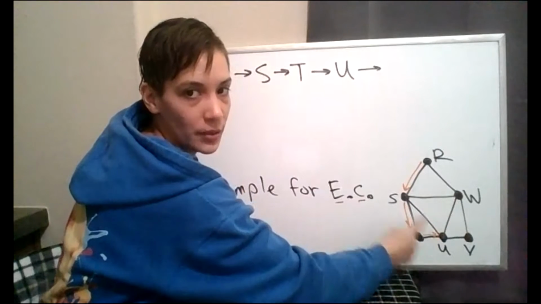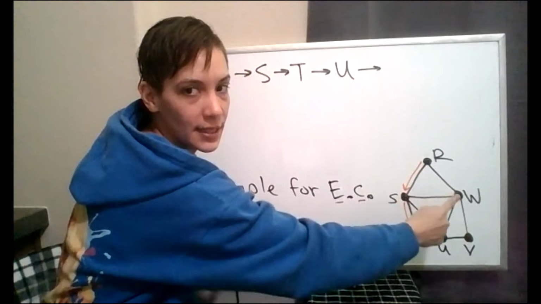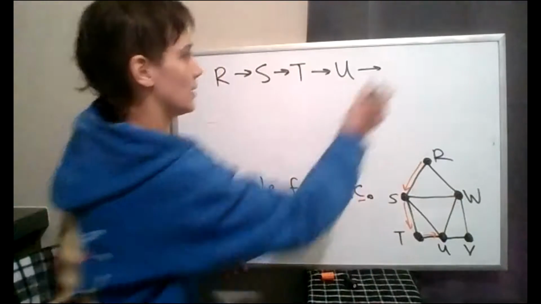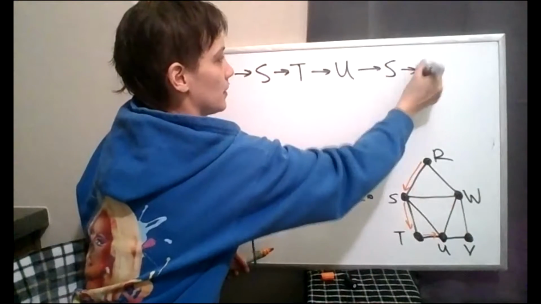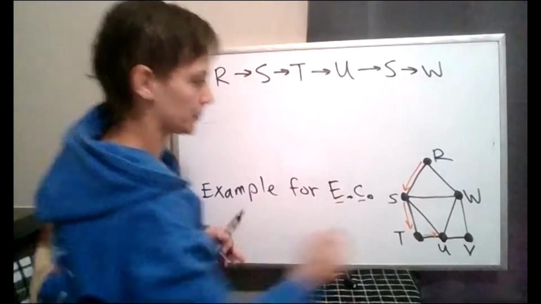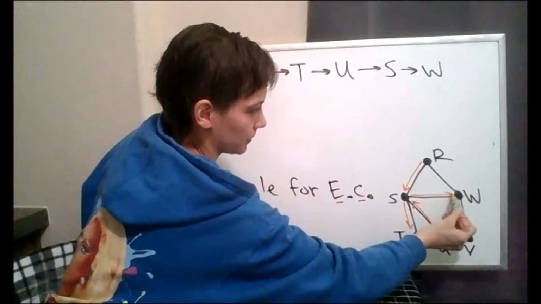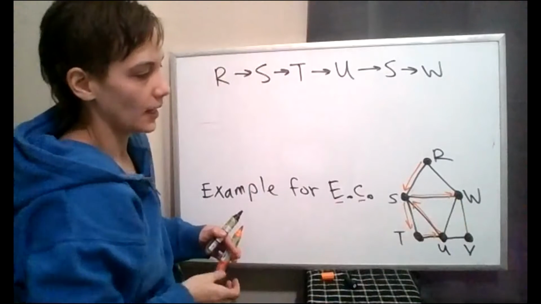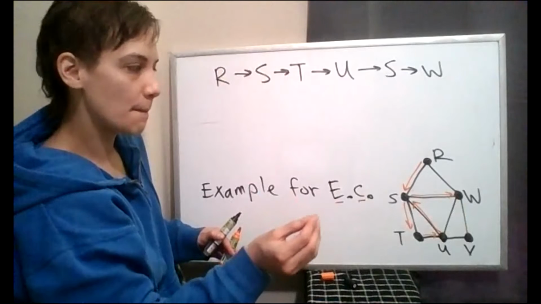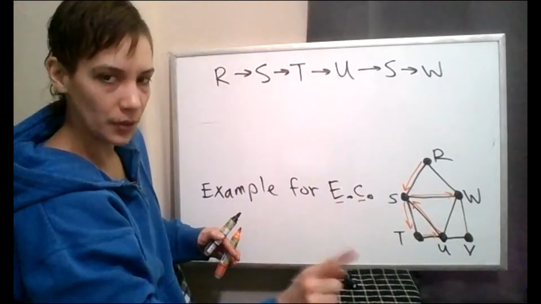So let's go from U to S and S to W. Let's go back down to U and then over to V.